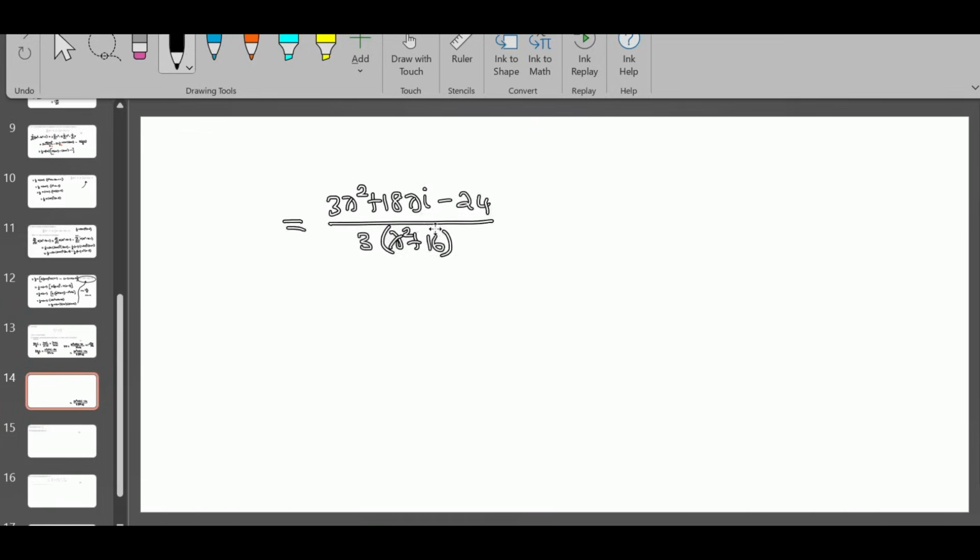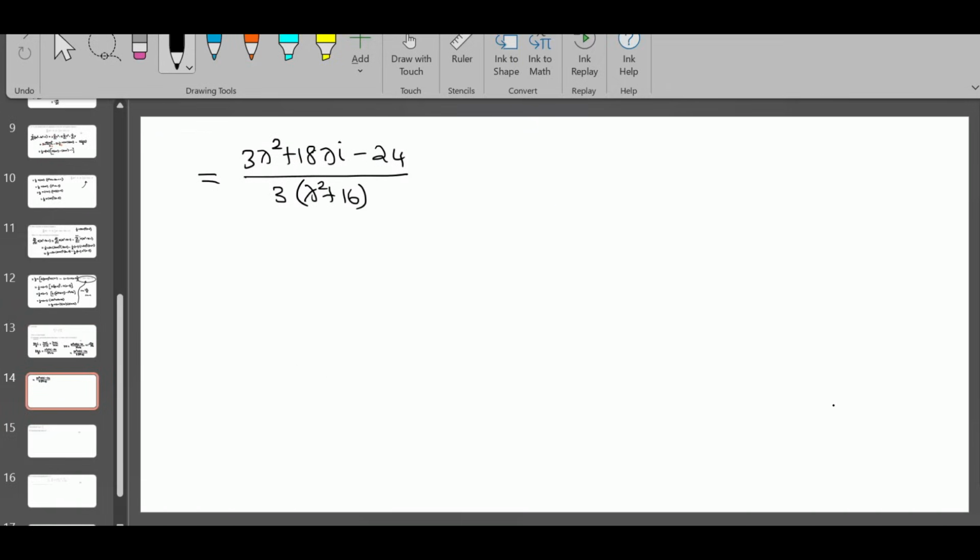So this is the last step. Let me copy it here. That's z is equal to. So in the numerator you can take out 3 as a common factor and cancel with 3 in the denominator. So you'll get lambda square plus 6 lambda i minus 8 divided by lambda square plus 16.